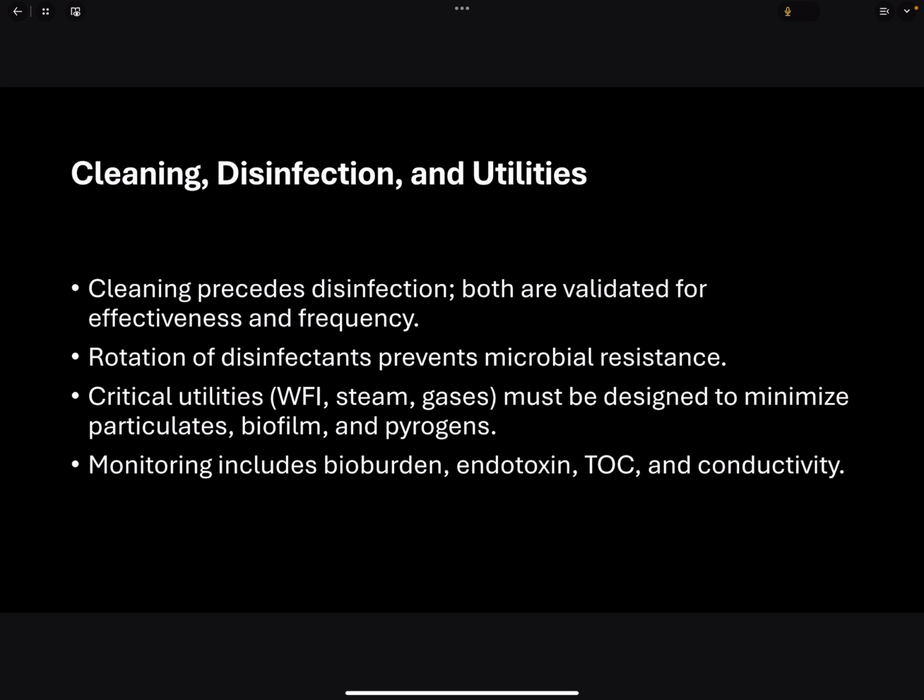Utilities like water for injection, steam, and compressed gases also play a huge role. They must be designed to prevent particulates, biofilm, and pyrogens. In short, cleaning and utilities form the invisible backbone of contamination control.